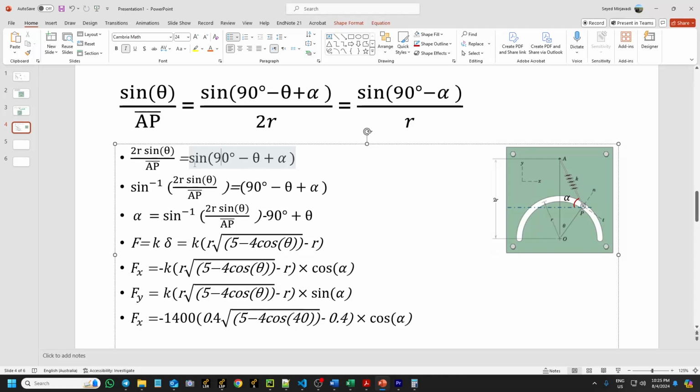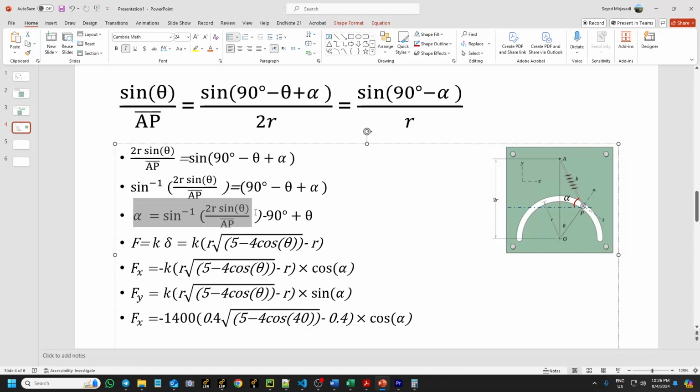Sine and sine inverse are inverses of each other, so the right hand side will be 90 degrees minus theta plus alpha. And we also take the sine inverse from this side. So alpha will be, we can just take this and put it on the other side. It will be sine inverse of 2r's this amount, whatever.